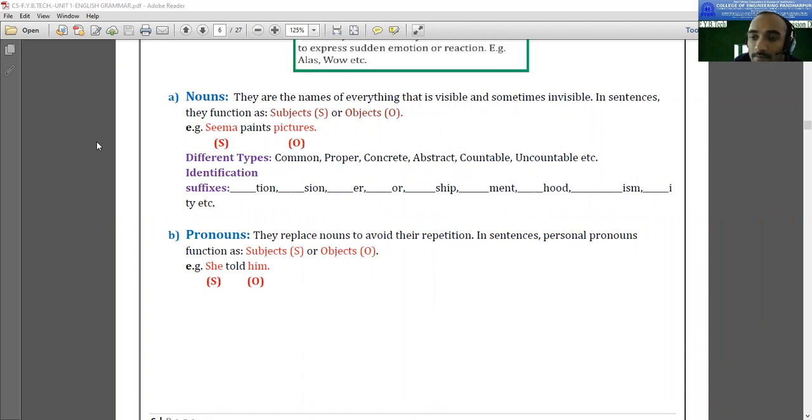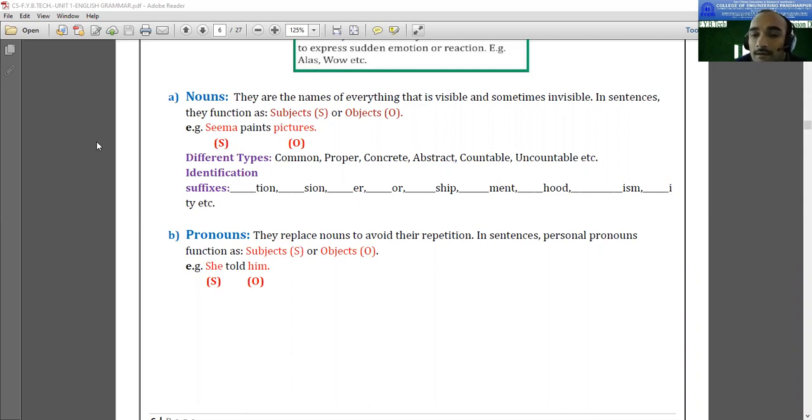In sentences they function as subject or object. So in an English sentence, a noun either functions as subject or object.